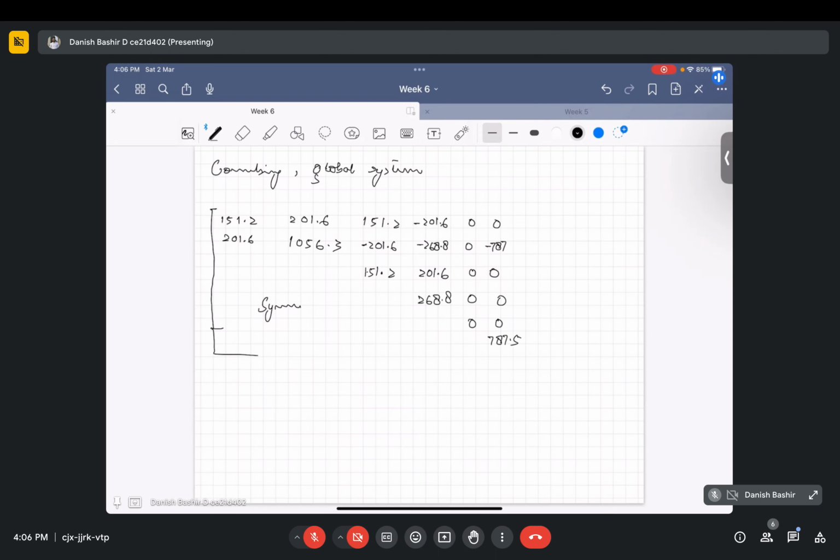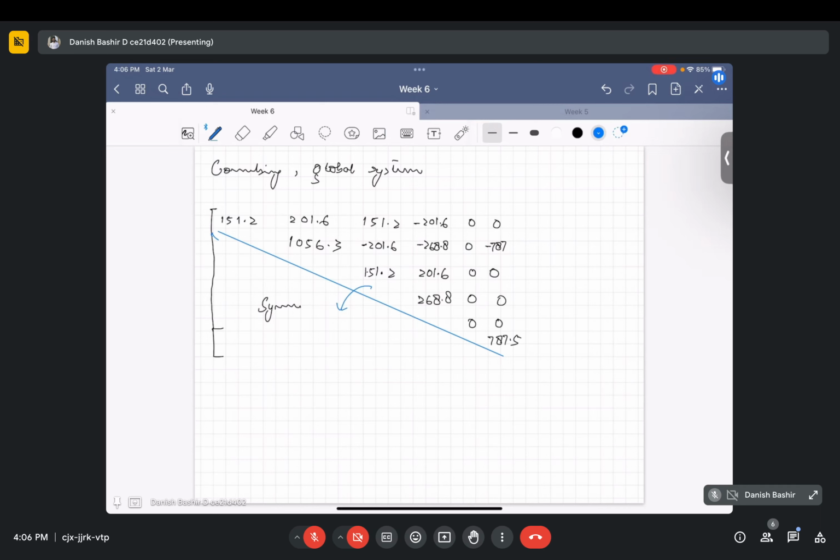These all elements are actually, sorry, this is a symmetric matrix like this. Stiffness matrix is a symmetric matrix. So lower diagonal elements will be just this. You have to replace this.